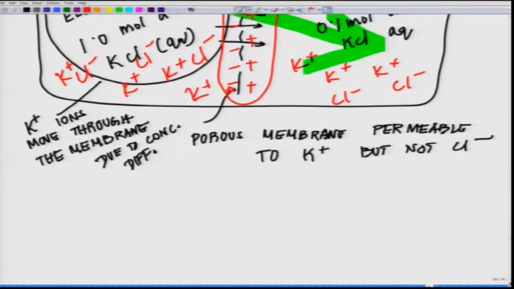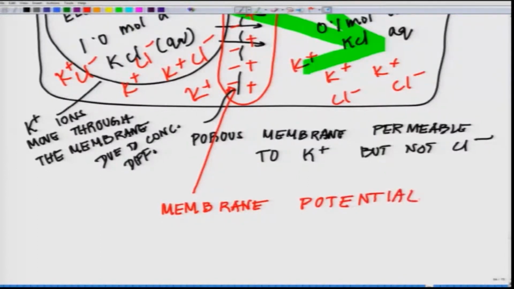So, this is the genesis of what we call membrane potential, and this word is our entry port to the world of biology, or the world of biological cells. As of now, we have talked about half cells, which are electrochemical cells.